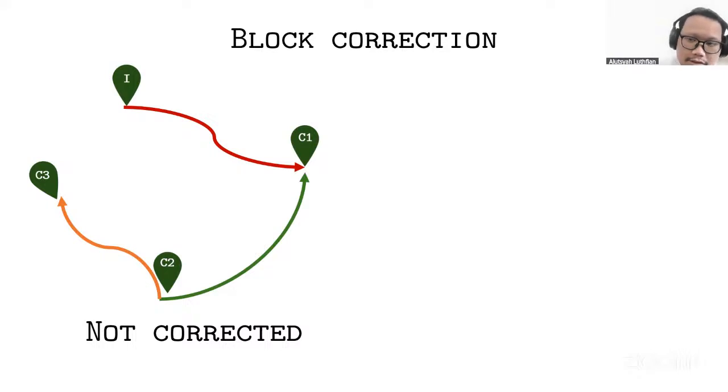Okay, so that would be quite difficult because we do not have any idea where the anomaly will be located.